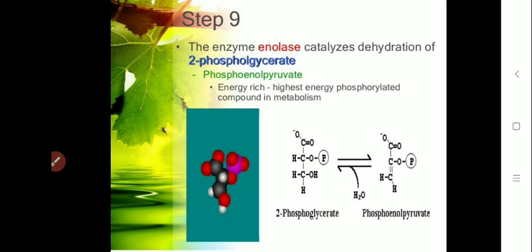The enzyme that catalyzes this step is enolase, and enolase is inhibited by fluoride.